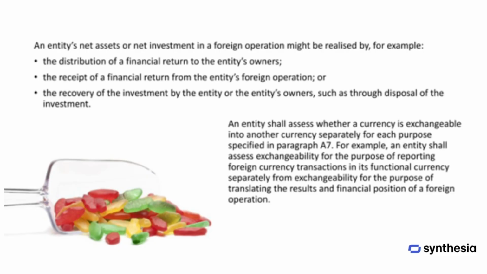Now, when it comes to assessing whether a currency is exchangeable into another currency, the entity must do this separately for each specific purpose. That means, for example, it should assess exchangeability for reporting foreign currency transactions in its functional currency as a distinct case, and then assess exchangeability again for translating the results and financial position of a foreign operation. Each purpose might have different exchange conditions, so it's important to evaluate them individually.